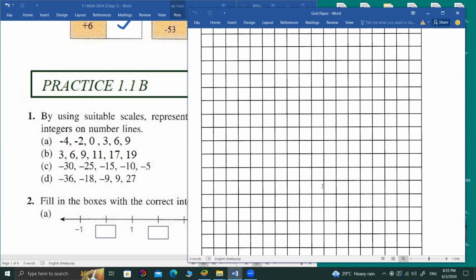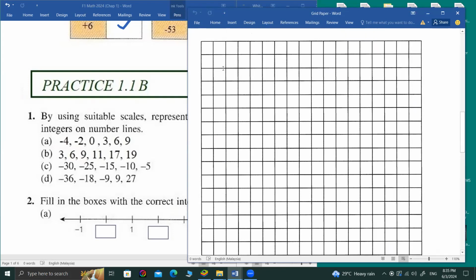Okay, so if you are using grid paper or anything, you write down practice 1.1b. Yeah, practice 1.1b. By using suitable skills.